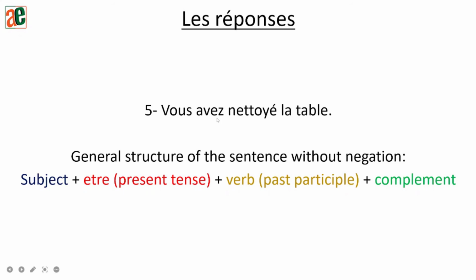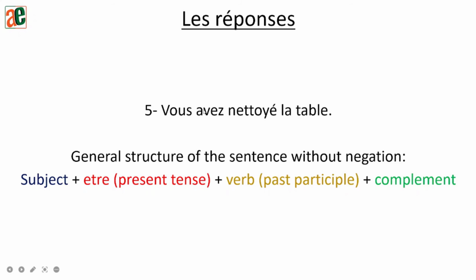So now let's have a look. So the subject, then the être, present tense. In this case, I think it's a mistake. It's avoir present tense. Okay. Then the verb past participle and the complement. Okay. Sorry for the mistake here. It's not être. In our case, it is avoir.